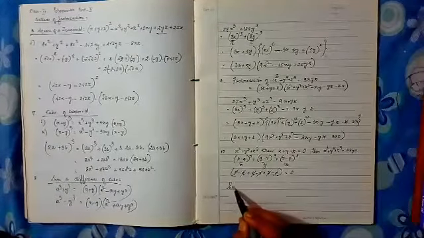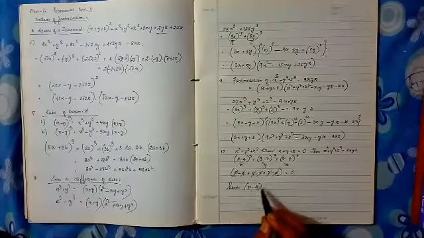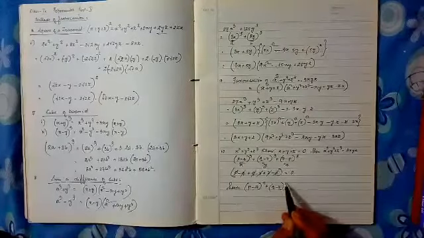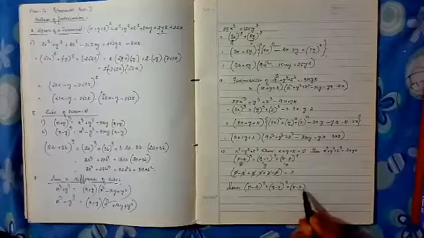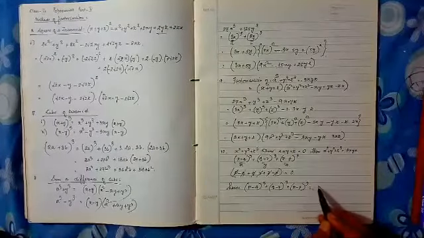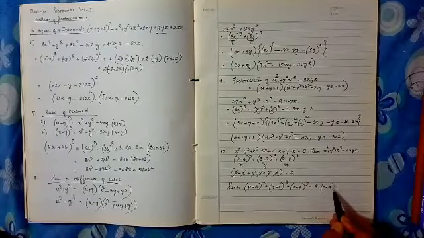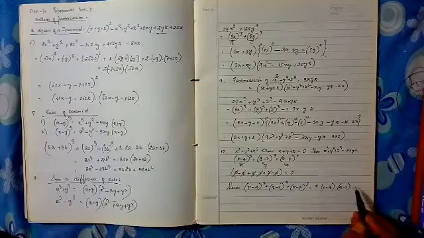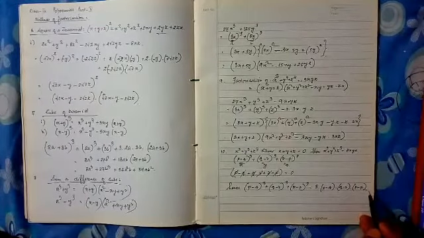Hence x cube, that is p minus q whole cube, plus y cube, that is q minus r whole cube, plus z cube, that is r minus p whole cube, is equal to 3xyz, where x means p minus q, y means q minus r, and z means r minus p.